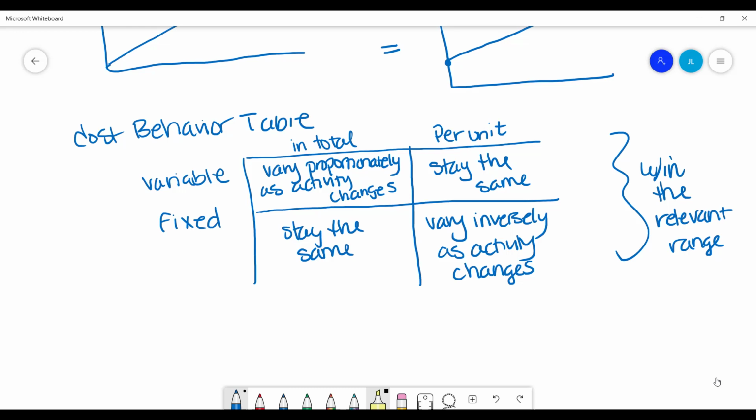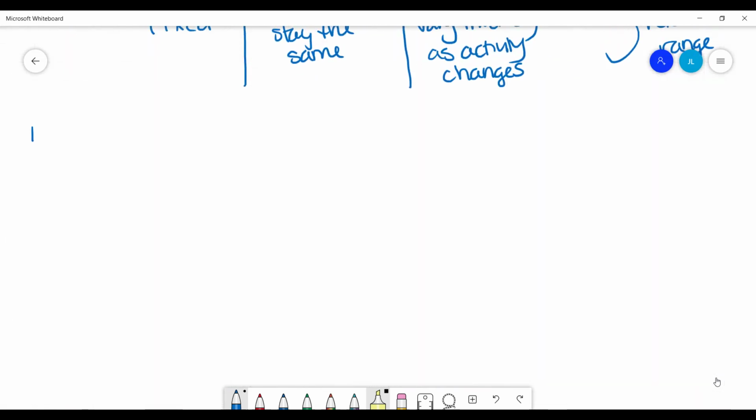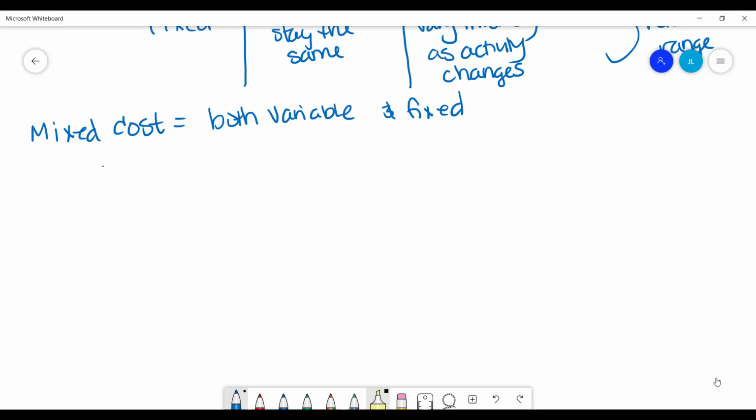Okay? And keep in mind that a mixed cost is just a mixture of variable and fixed elements. Okay? So both variable and fixed. So another word for mixed cost is total cost. Okay, so we're going to look at this example of total utility cost.